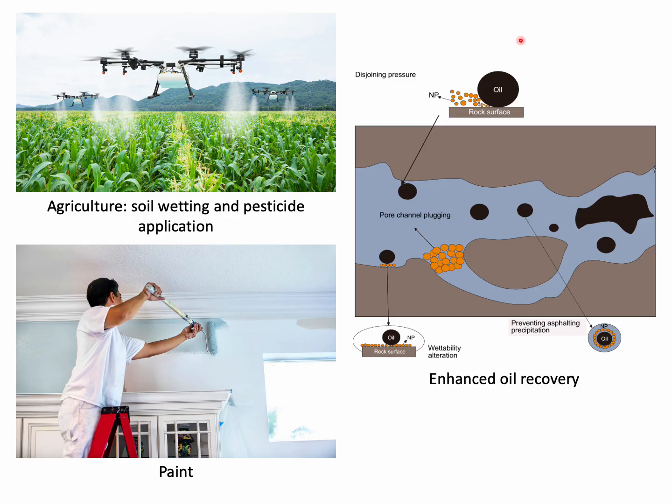Finally, let us look at a more advanced application, which is enhanced oil recovery. In this process, oil is trapped within very small pores in underground rock formations. The main challenge is how to extract this trapped oil efficiently.